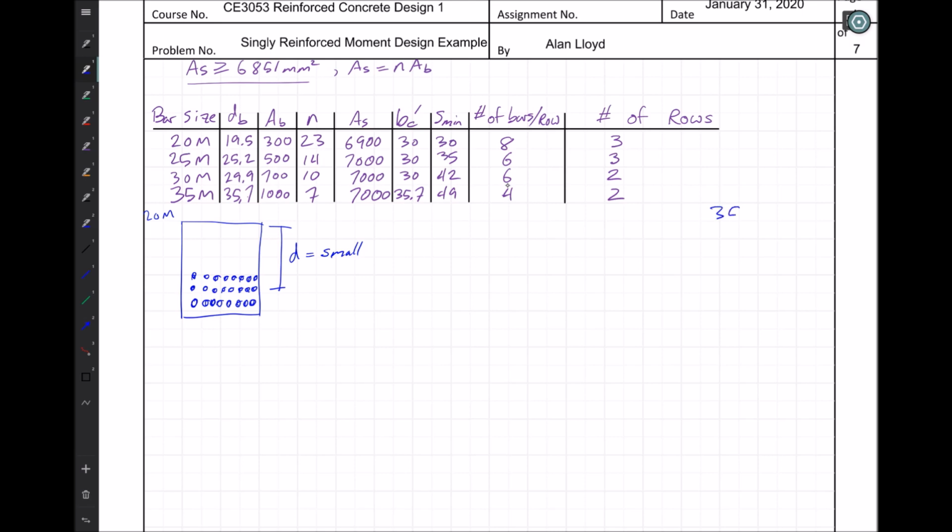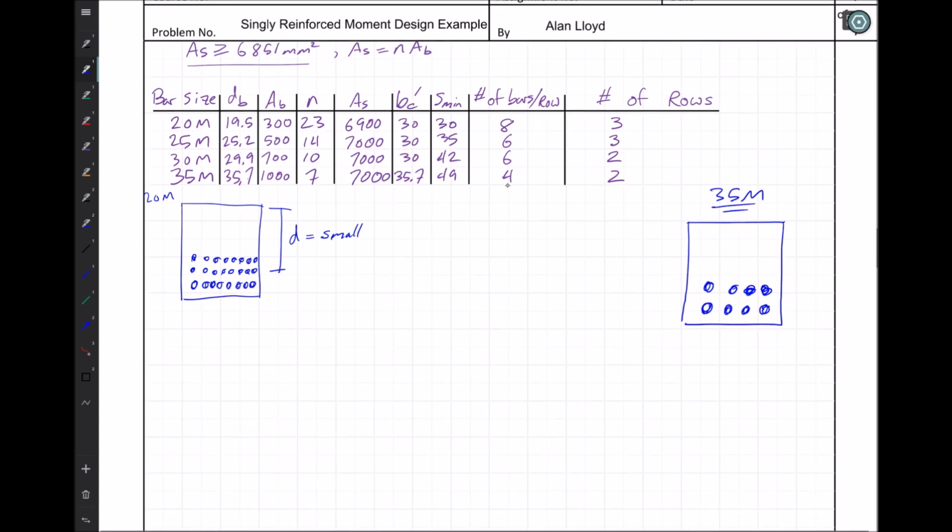Conversely, if I go to 35M bars, I'm going to have 4 bars, 2, 3, 4, and I need 7, so I'm going to put 1, 2, 3, 4 to even it out again. I'm going to have to put a bunch of extra stuff in here, but I'm going to find that this will give me crack control problems.